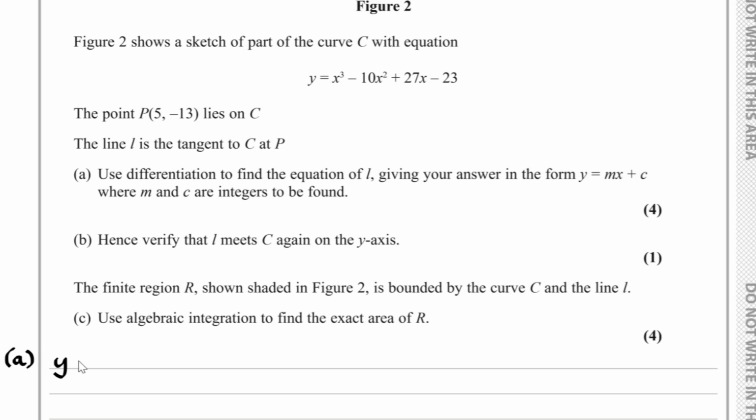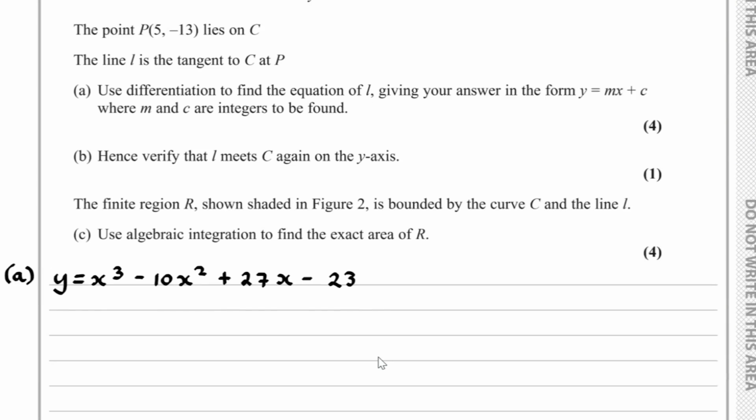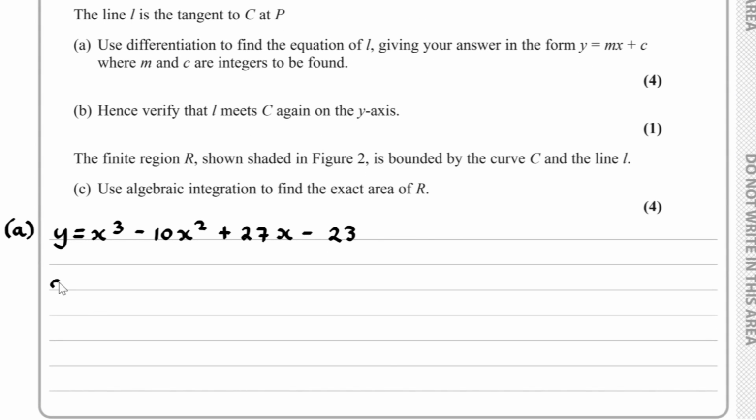For part A, we begin with y equals x cubed minus 10x squared plus 27x minus 23. dy over dx is equal to 3x squared minus 20x plus 27.